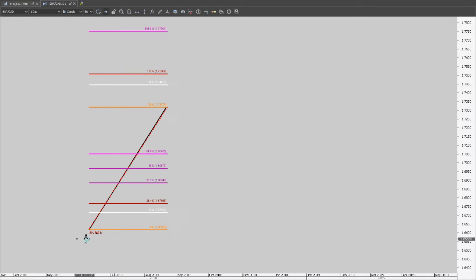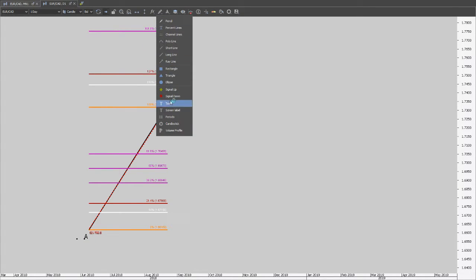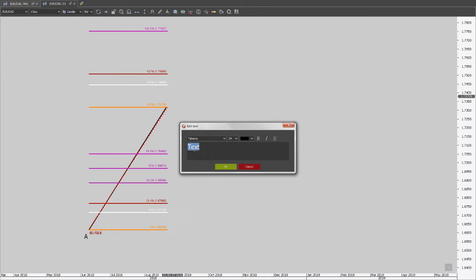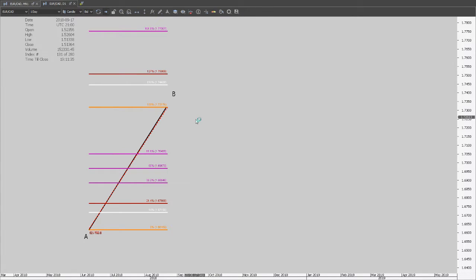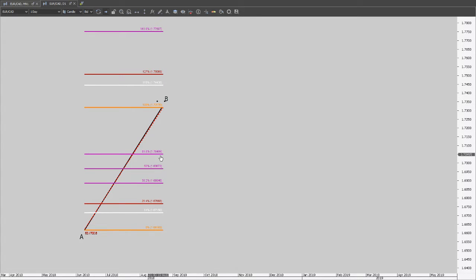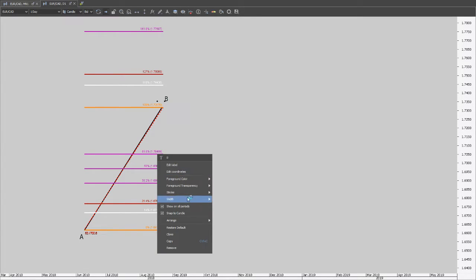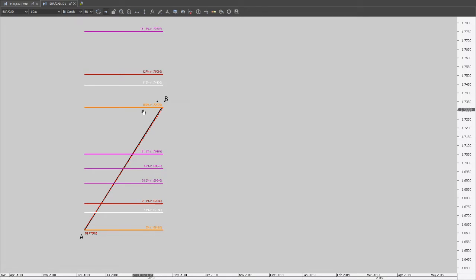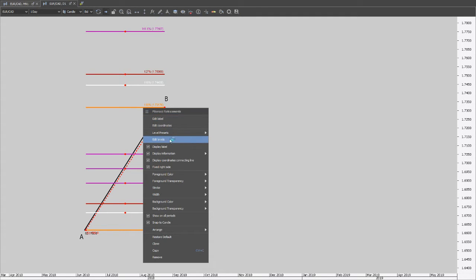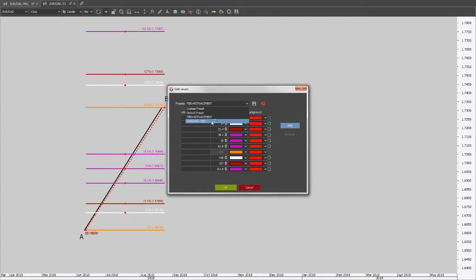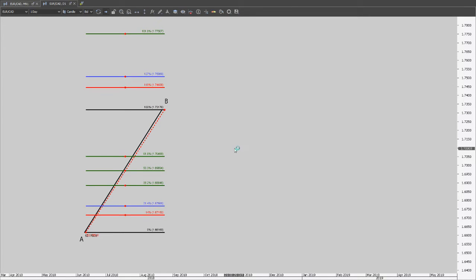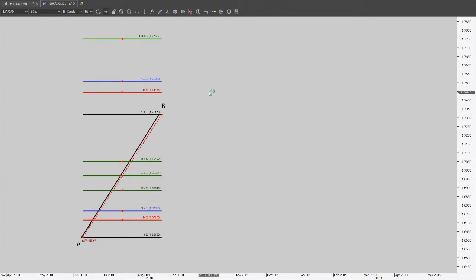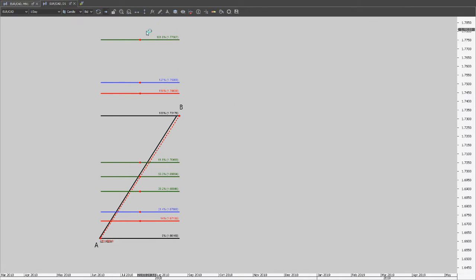So if you understand the original one and if you understand the contrarian, the difficult part is over. And so we have the AB boundary, and let's color code this Fibonacci differently. Edit levels, Fibonacci original one, right? Green goes to green, blue goes to blue, red goes to red.